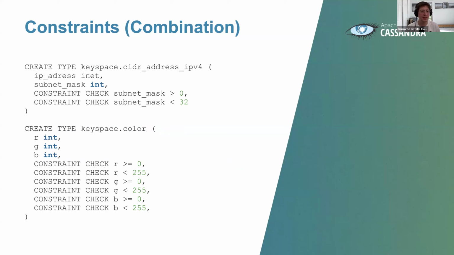For example, in this keyspace color, we're getting the 3 values red, green, blue, and just making sure that all the values in the rows are valid within that range, 0 to 255. That means that on the database you have an actual color object that is supposed to be valid. And it also shows how these constraints can be combined.